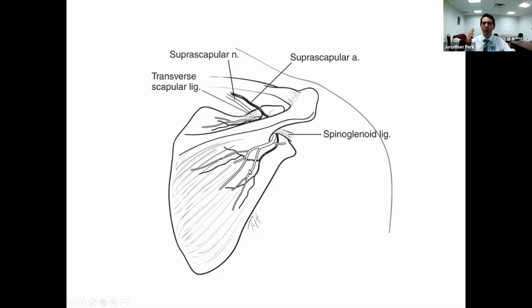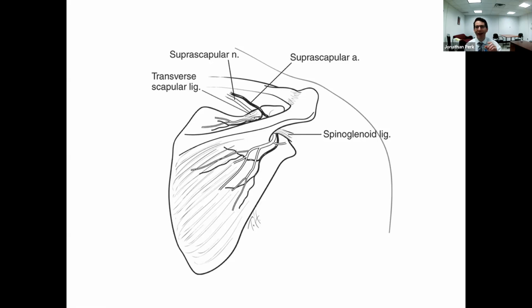Now, this is important because this area here in the glenoid cavity is susceptible to trauma or to lesions. So for example, if there's a motorcycle accident where there's crushing of the humerus into the glenoid cavity, you can get a lesion of the distal part of the suprascapular nerve while the proximal branches remain intact.